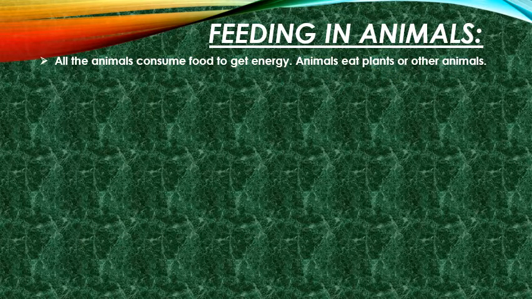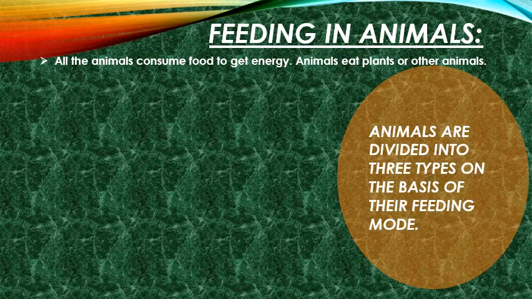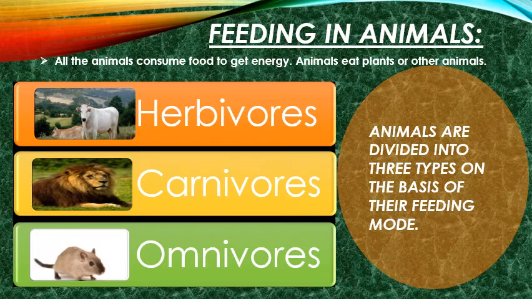According to their feeding habit, we have divided animals into three main types. There are three types of animals according to their feeding mode or feeding habit. What are these? These are herbivores, carnivores, and omnivores.